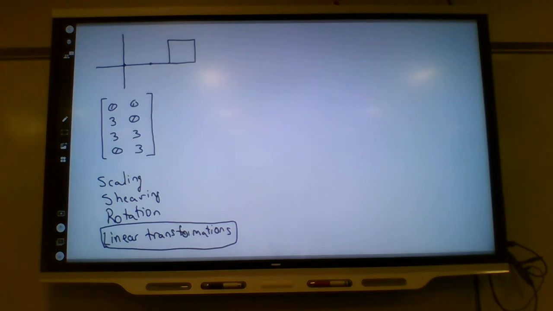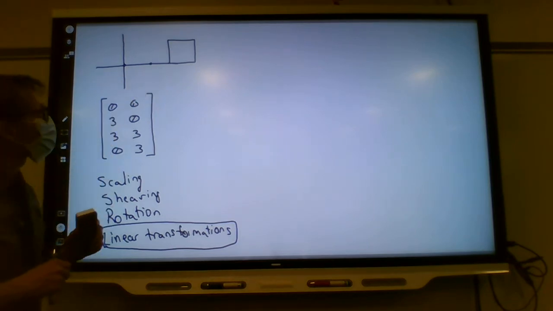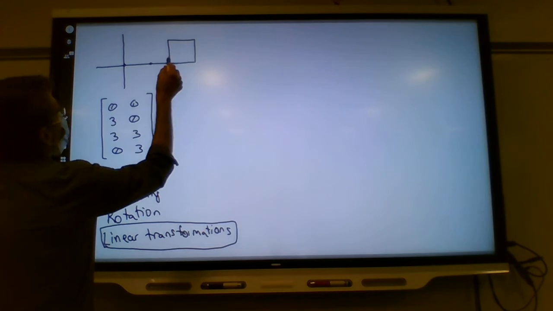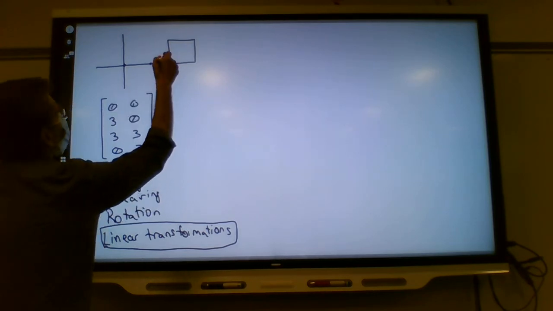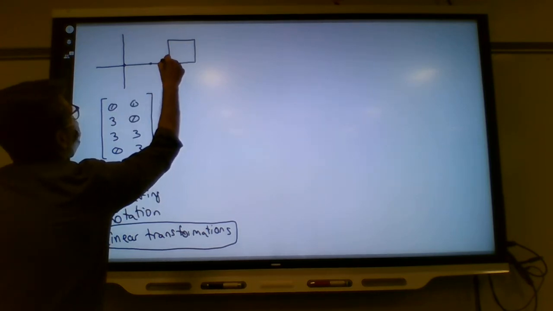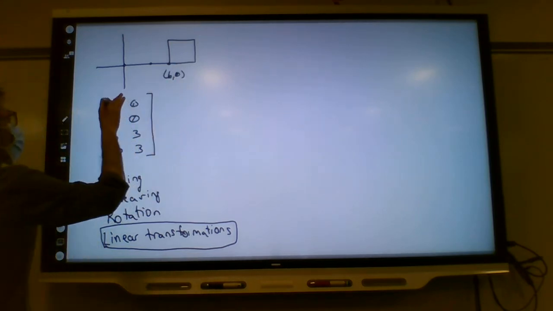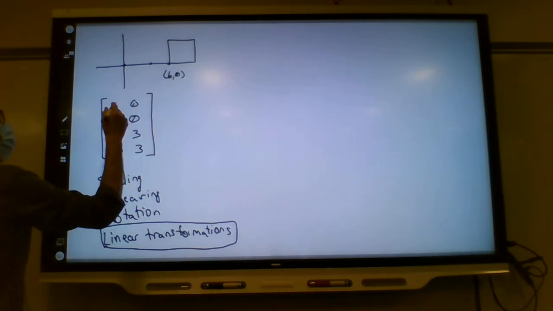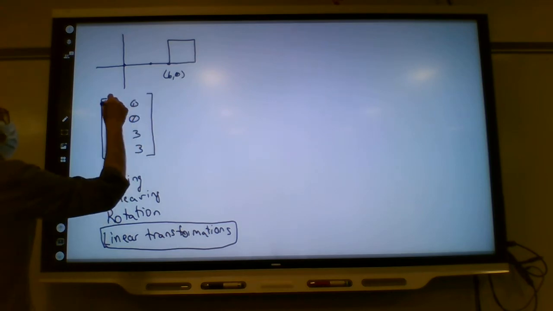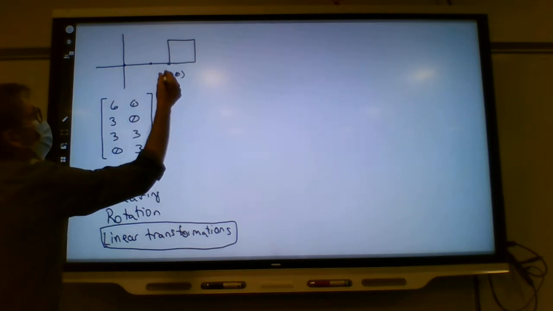Okay, so let's think about this square. This square, let's say, is over here. Let's say that corner is at 6, 0. So we're now at 6, 0.